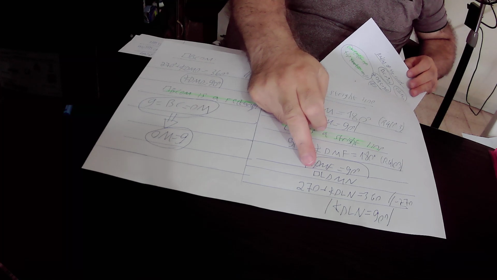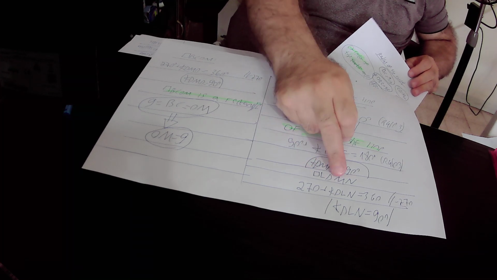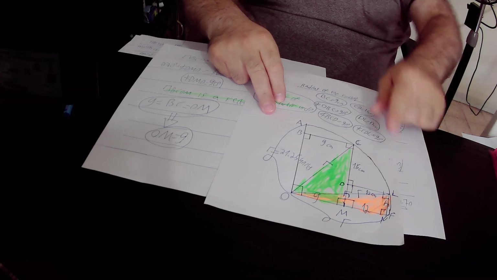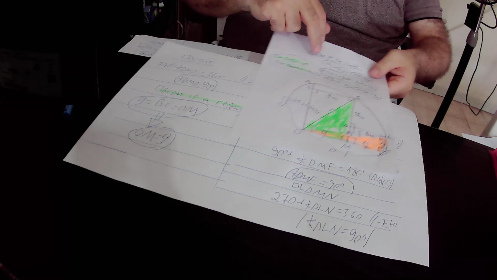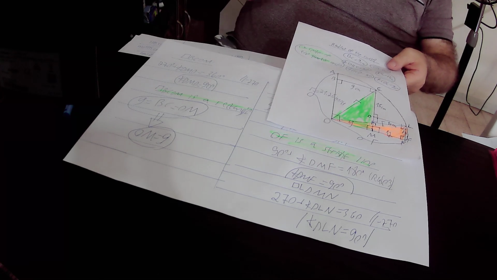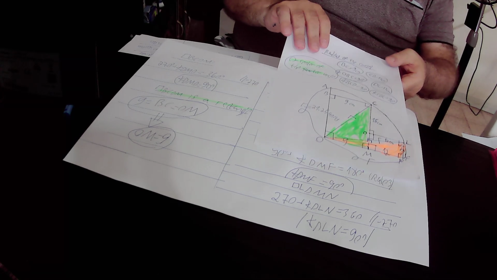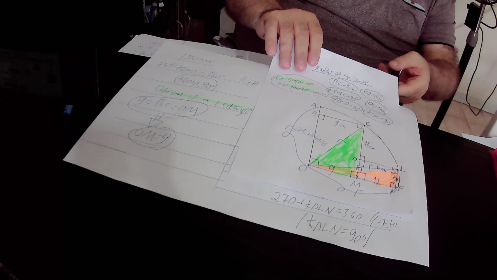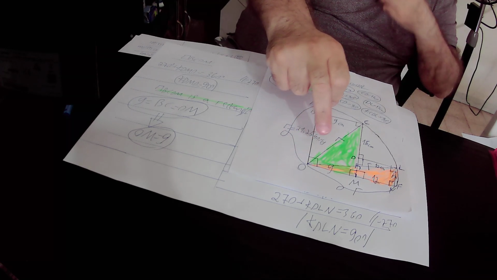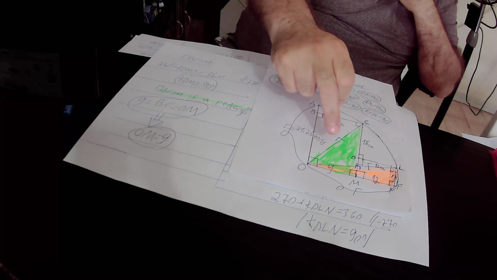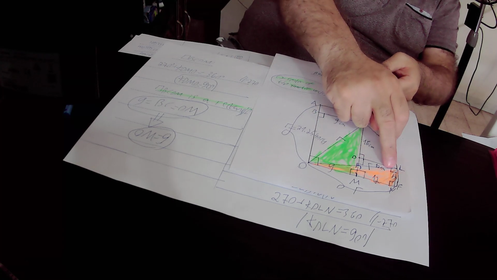The sum of three right angles is 270 degrees plus the size of the fourth angle, angle DLN. In total, the sum of those four angles must be equal to 360 degrees, according to the rule that the sum of the angles in any quadrilateral is 360 degrees. We subtracted 270 degrees from this equation and found that the missing angle LDN equals 90 degrees.